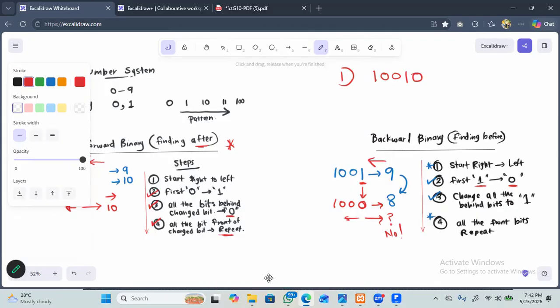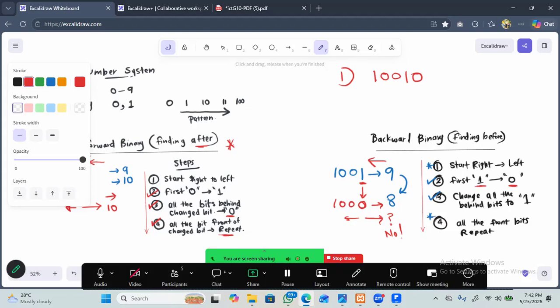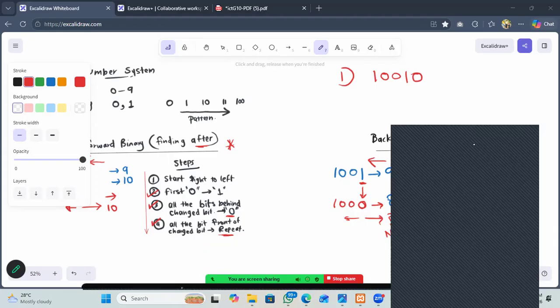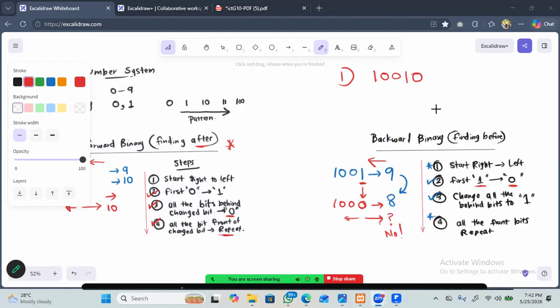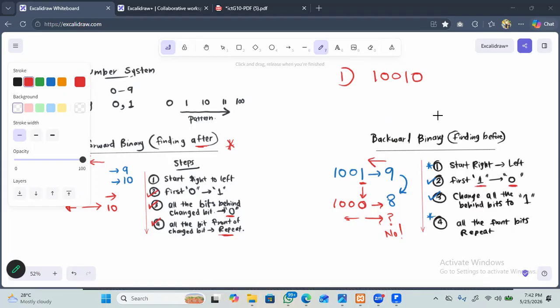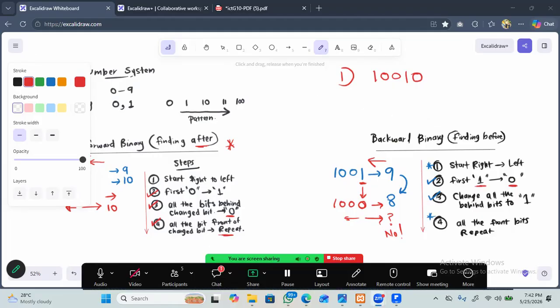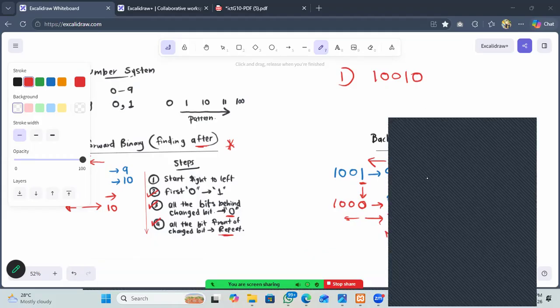Okay, Hima, your after number is correct. What is your before number? Right, your answer is correct. What about Ira? You are the one remaining.